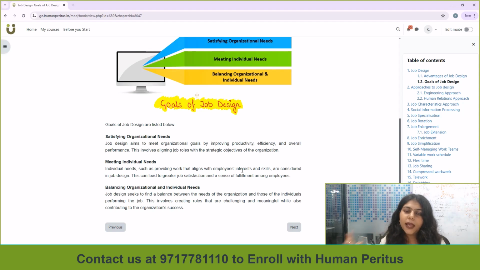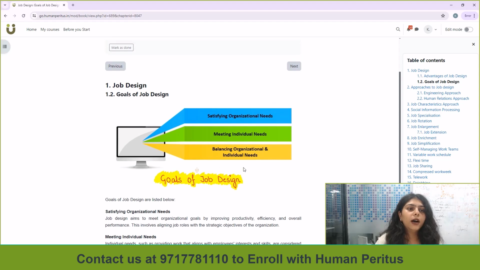You have to find a balance so that there is no extra cost involved, you reach maximum profits, and your employees are satisfied with your company. So to sum up, the goals are to have a balance between the organizational needs and the employee needs, and achieve them both at the same time.